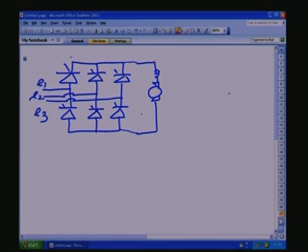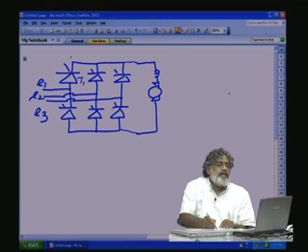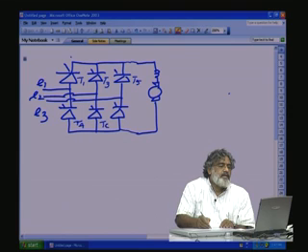So, let us see how the output ripple comes, and again we will mark the thyristors. This we know, this is T1, this is T3, and this is T5, 135, then this is T4, then this is T6, and this is T2.